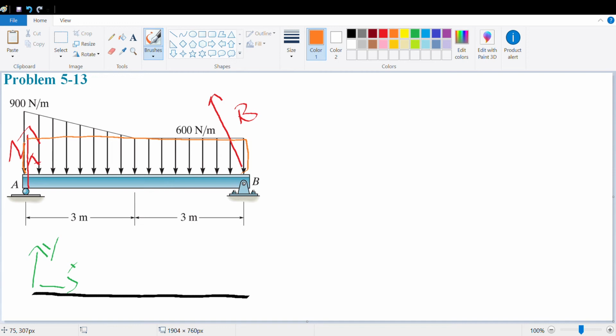So the area is going to be given by 600, which is the height, times the length, which is 3 plus 3, so it's 6. And for a rectangular load, the centroid is in the middle, so this force is applied in the middle and is equal to 600 times 6.